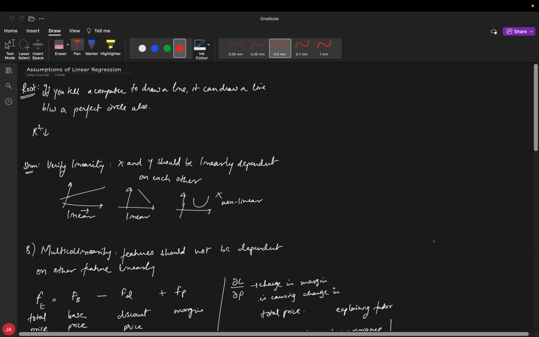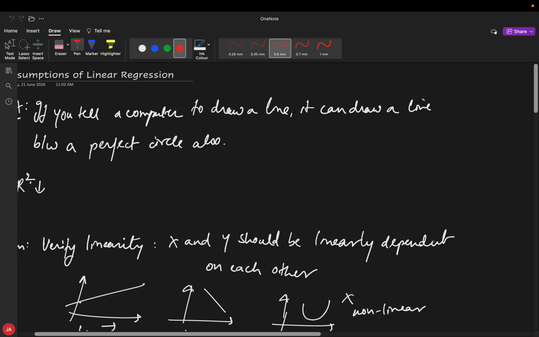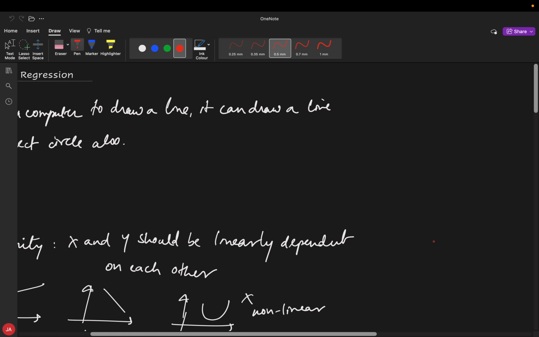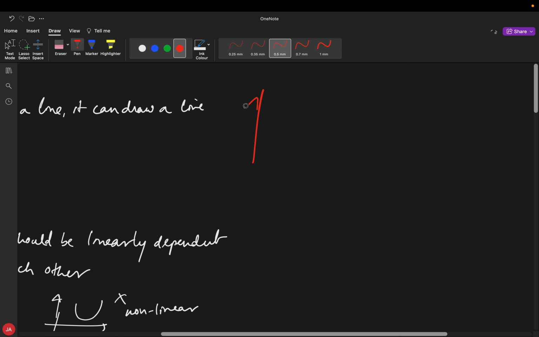So the problem is, when we use a linear regression model, we need to check some assumptions. Let's say you want to draw a line between x and y, but the data of the y variable looks something like this.